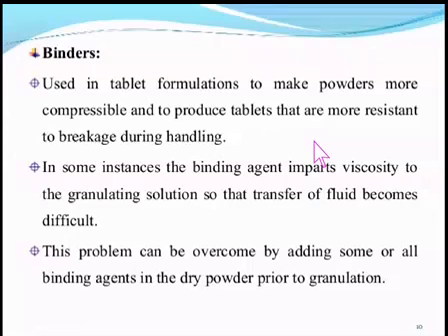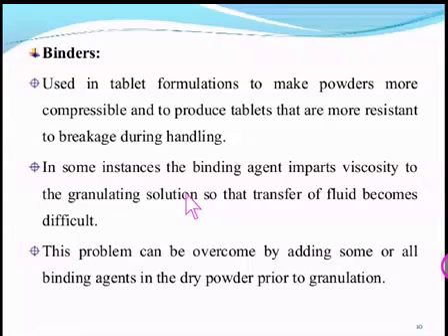Otherwise, there are some ingredients which do not have the requisite compressibility, and even if tablets are produced without binder, those tablets may have the potential for breaking, and that's why we need to use binders.